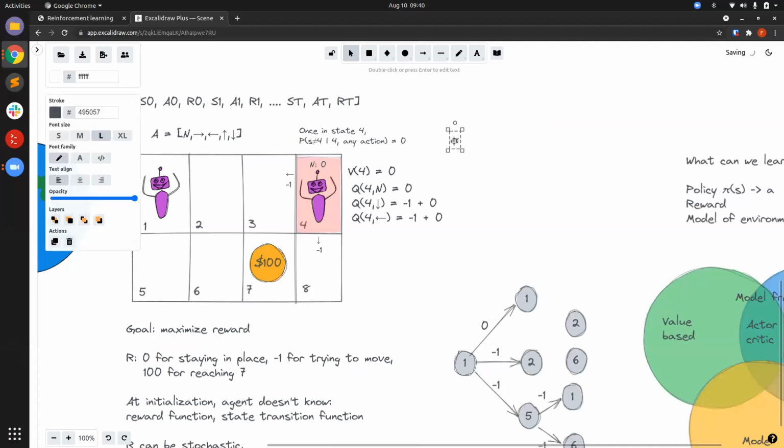My policy is, from state 4, take no-op with probability 0.9, take the down action with probability 0.1. Let's take a left option with probability 0.1. Okay. So we have some policy that says what to do in state 4.